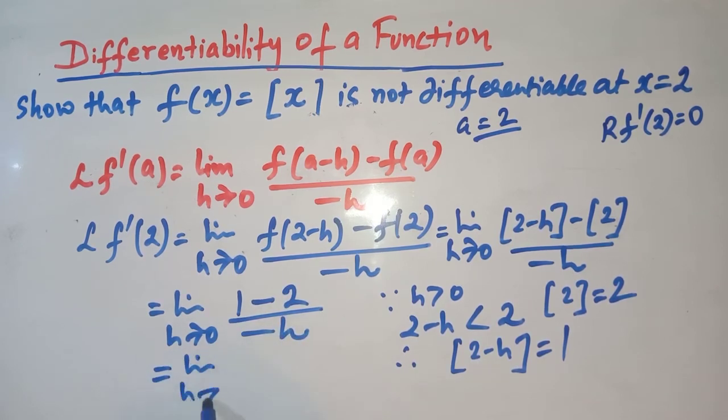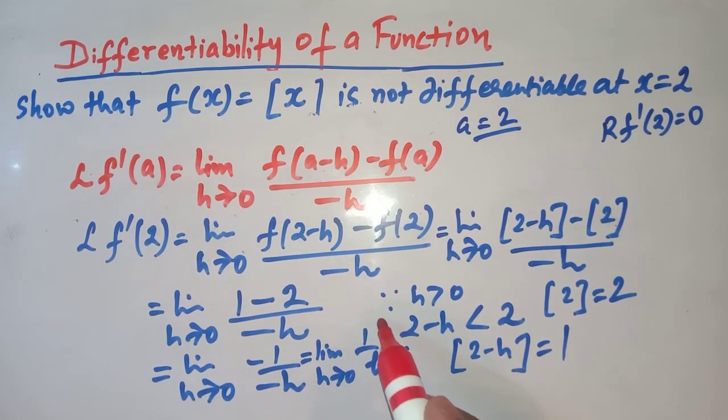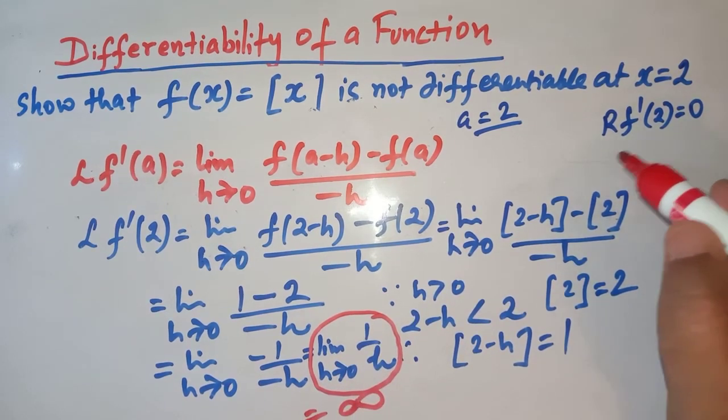So we have limit h tends to 0, 1 minus 2 is minus 1, over minus h. So here we have limit h tends to 0 of 1 over h. Clear? Now we see that this limit is infinite, because limit h tends to 0 of 1 over h is infinity.